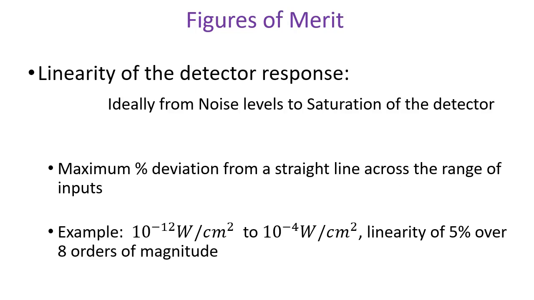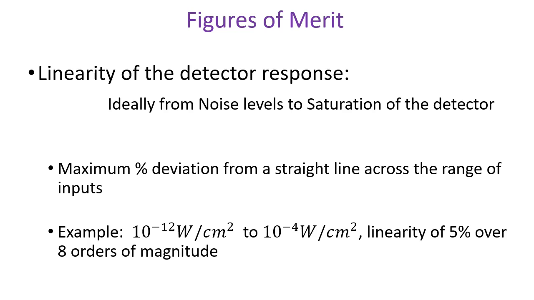The next figure of merit, probably the last one, is basically the linearity of the detector response, right? So you see that the detector operates from all the way at the very low noise level all the way to saturation. What saturation means is that beyond a certain point of the input power level, the detector somehow doesn't respond linearly to the changes in the signal.